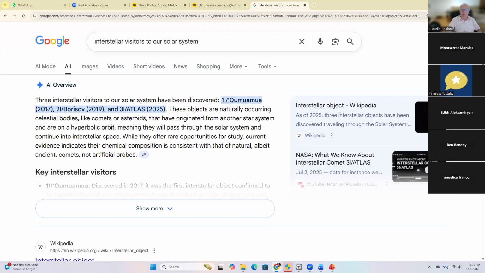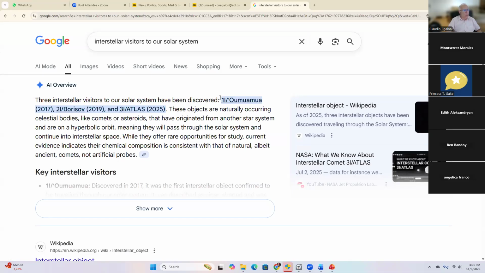Okay, it was a very elongated object. It was discovered very late in its visit to the solar system, so you couldn't get much information from it. And we had the Borisov in 2019, and now we have the 3I Atlas in 2025.